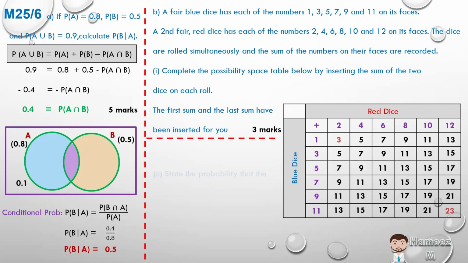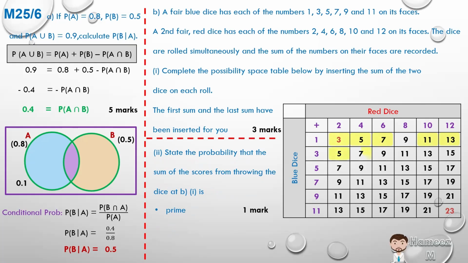Let's now look at part 2. State the probability that the sum of the scores from throwing the dice in B part 1, which we just wrote down, is prime. So let's look at those 36 possibilities, starting with 3 as the smallest and 23 as the largest. Then, which are the prime numbers? 3, 5, 7, 11, 13.